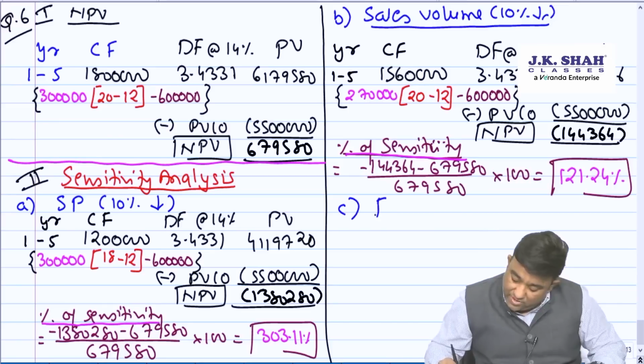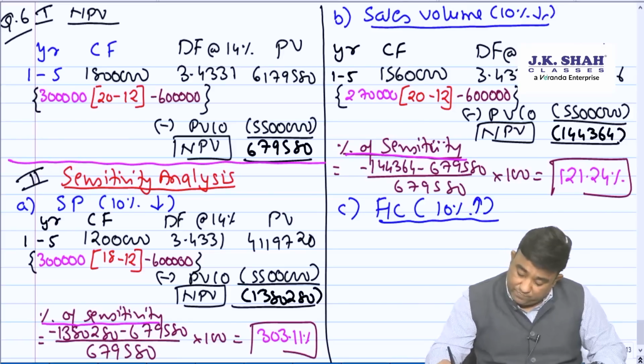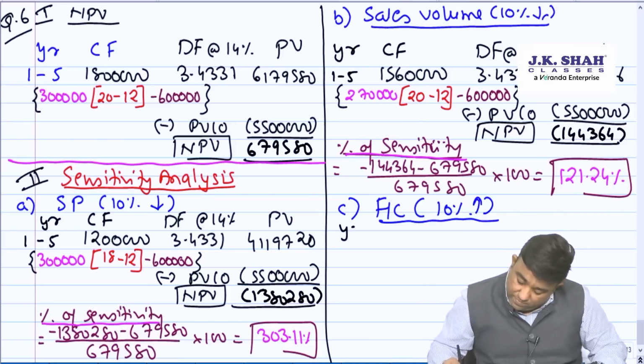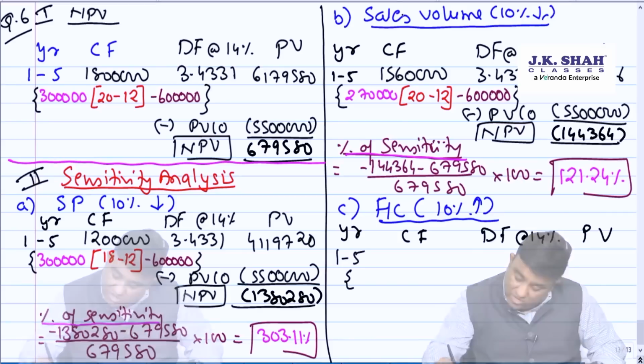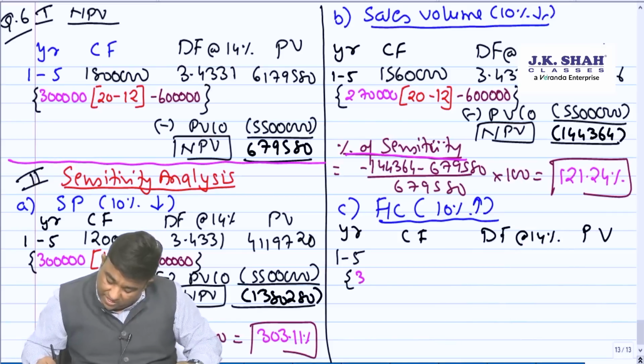And point C, they will ask about fixed cost, which is 10% on the upper side, to be sensitive. Can I? Here, cash flow, discounting factor and present value. How many years? 5 years. We need to recompute this. This is going to be 3 lakh, this is going to be 20 minus 12.